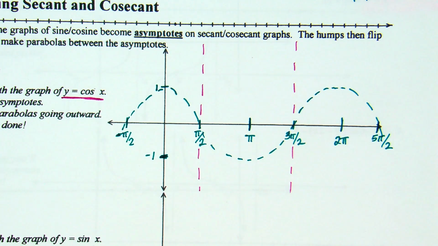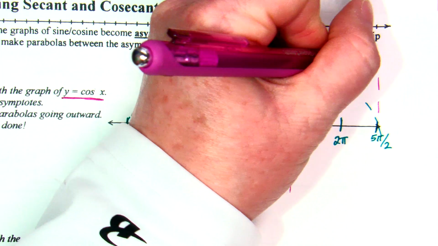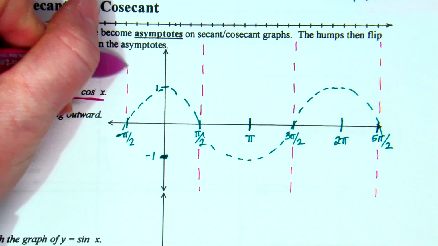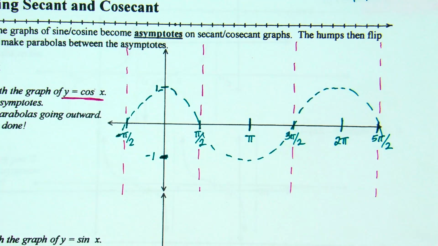We're going to have a vertical asymptote at 5 pi over 2 and negative pi over 2. Everywhere we cross the x-axis, everywhere there's a 0, we're going to have an asymptote. I want you guys to see the full graph, so we extended it for what we're about to do.